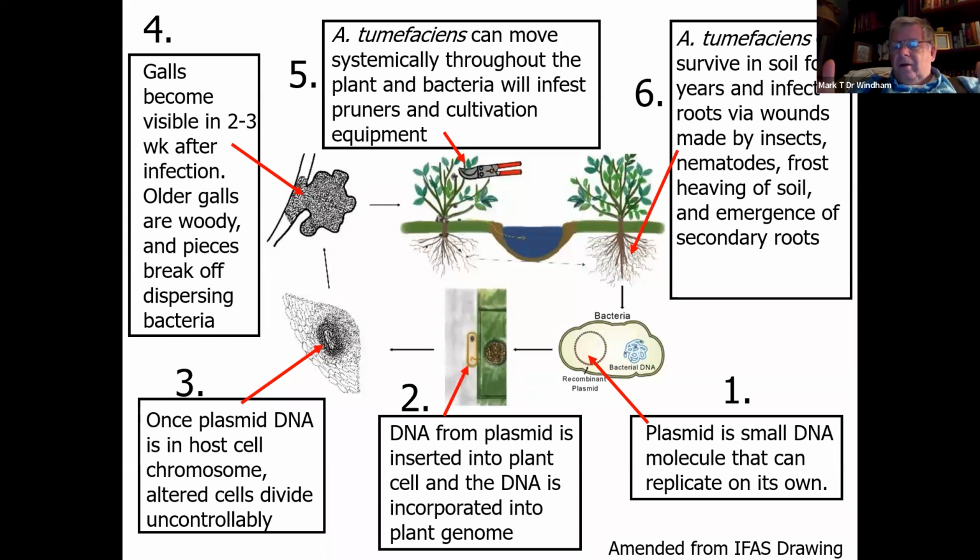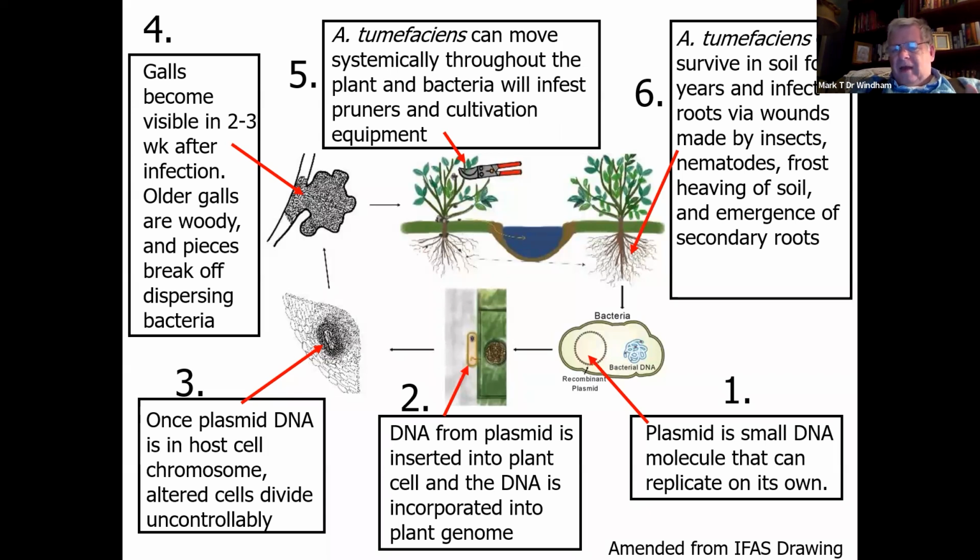And the genes that have been inserted into the plant cell are going to make the cells divide uncontrollably, and they're going to produce some compounds that the plant cells never produce on their own or have no value to the plant, but are absolutely required for nutrition of the bacteria.